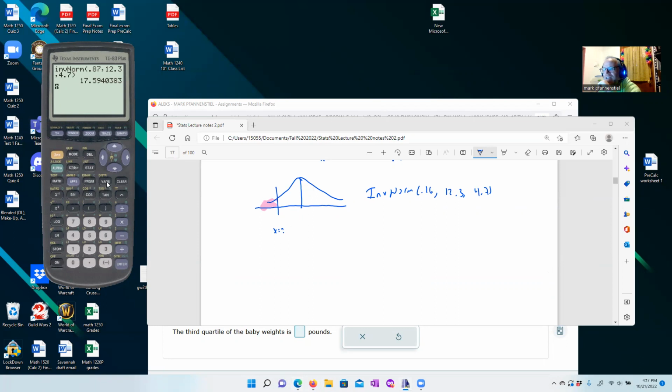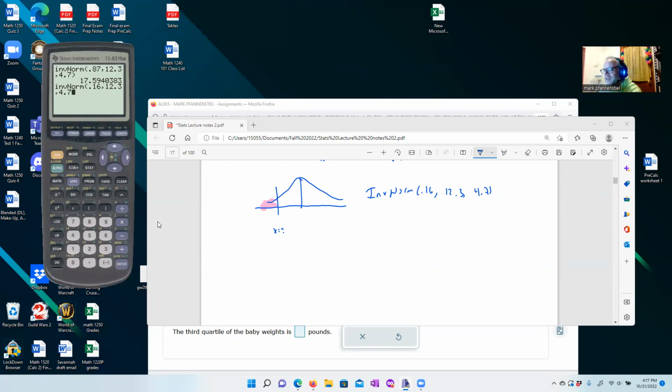Second function, distribution, inverse norm. This is just like playing a musical instrument or doing a lot of other skills. You have to practice enough to get the muscle memory going and be able to recall this. I want 12.3 here, and then 4.7.